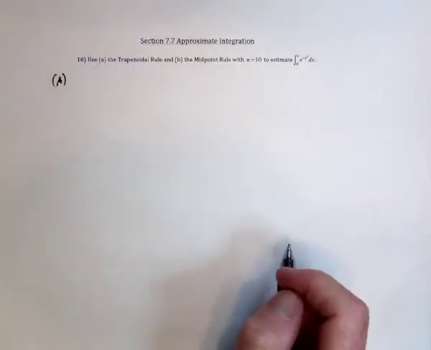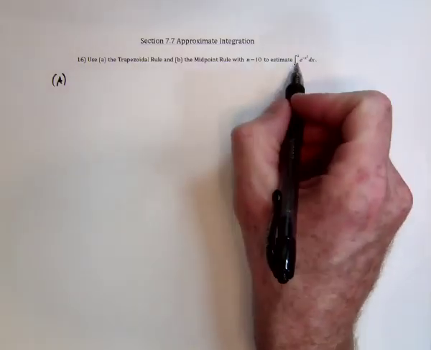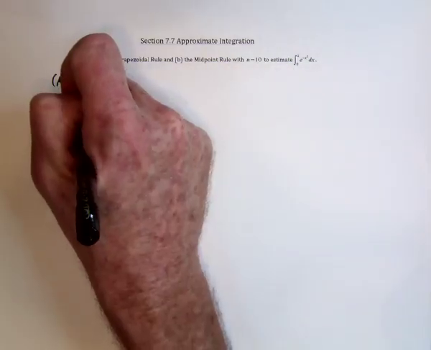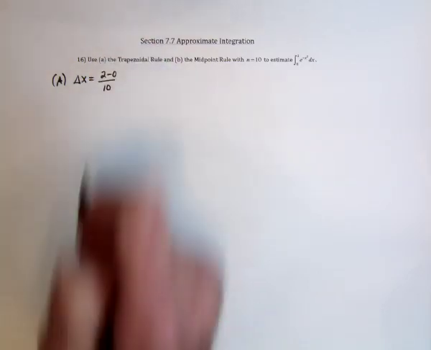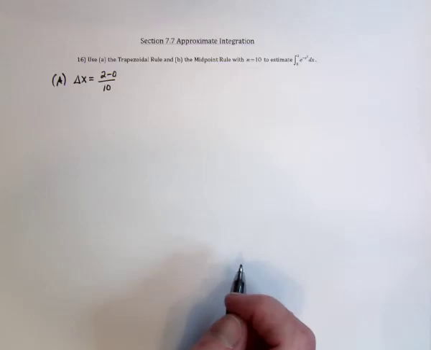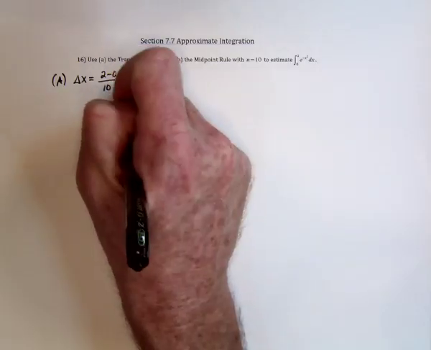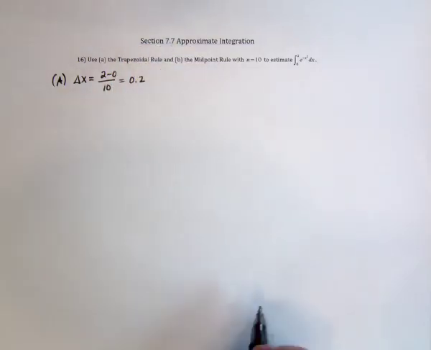using the trapezoidal rule, we start by taking the interval, which goes from 0 to 2, and dividing it into 10 equal pieces. So we need to find the width of those pieces, also known as delta x. This is equal to 2/10, and I'll just use decimal form.